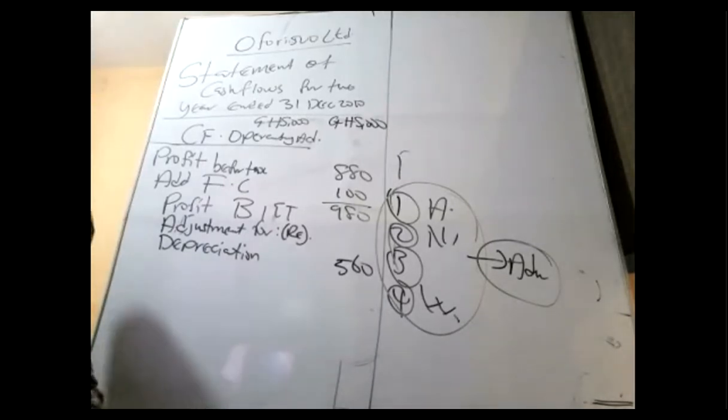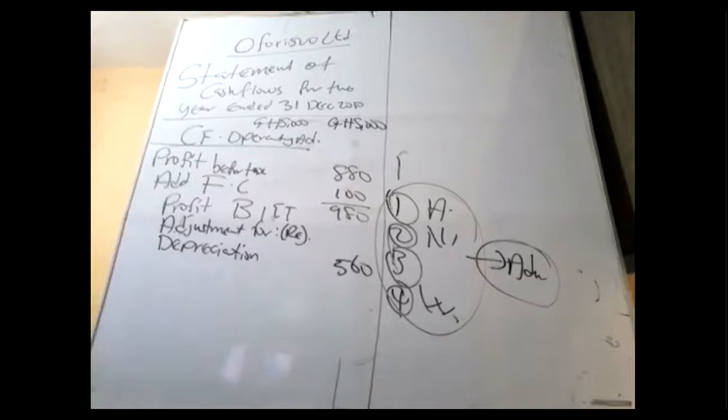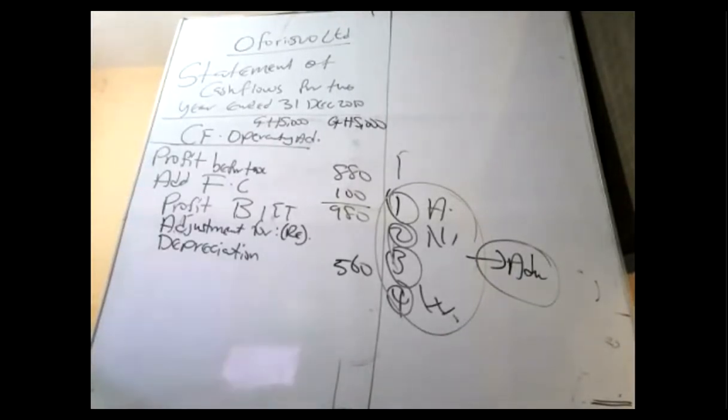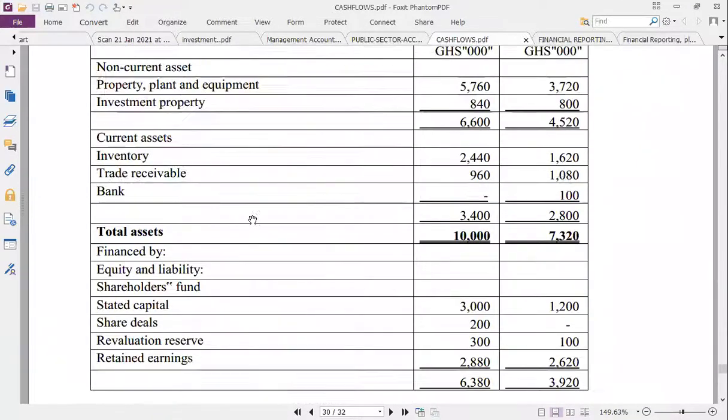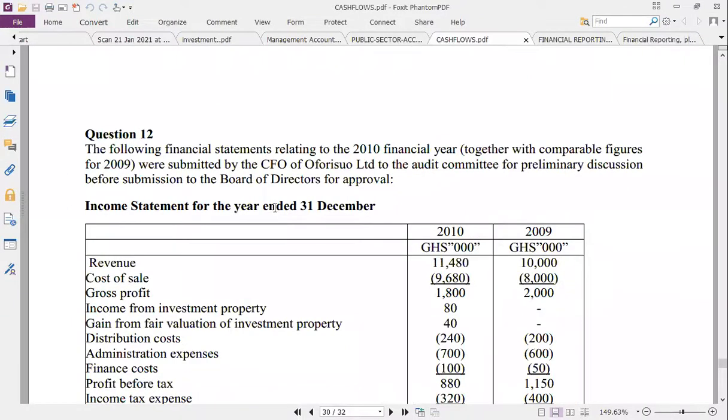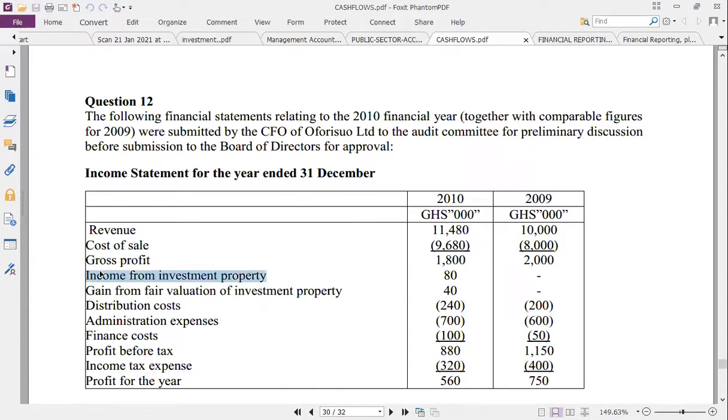Now from depreciation, you start reversing all the items. If they are giving you the profit and loss statement, clap for the examiner and move on, because some of the items you can get straightforward, you can get them here. All the other income, go and pick it, reverse it.